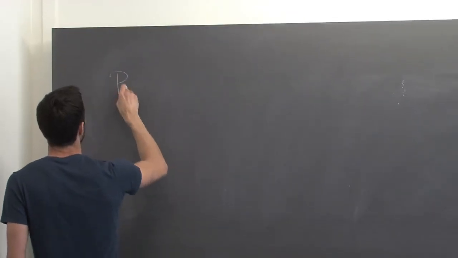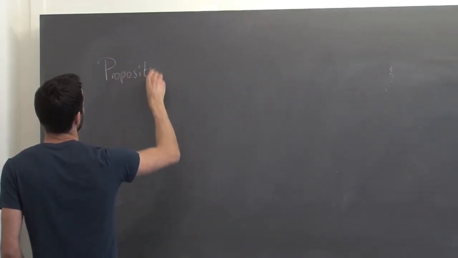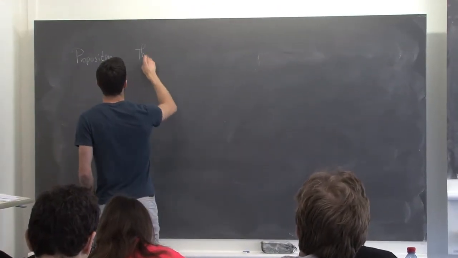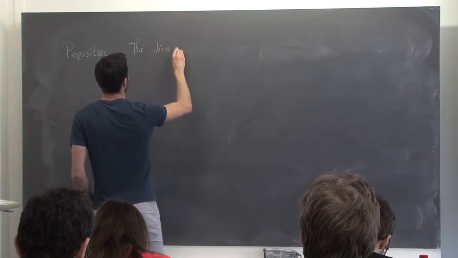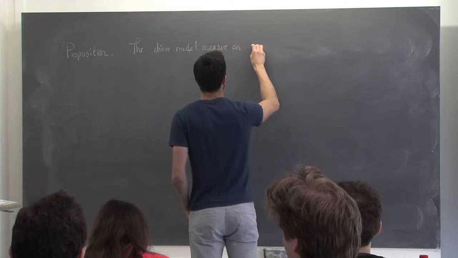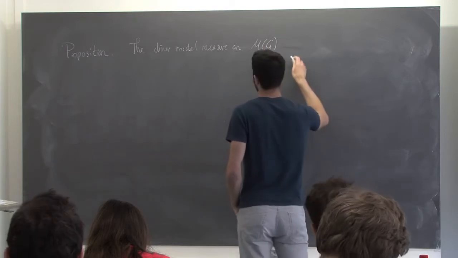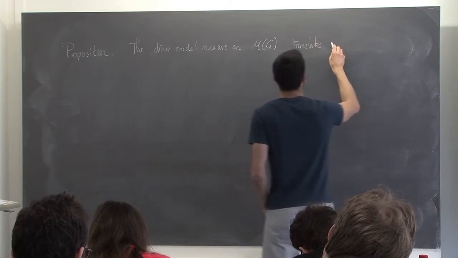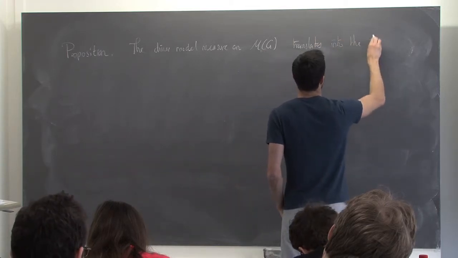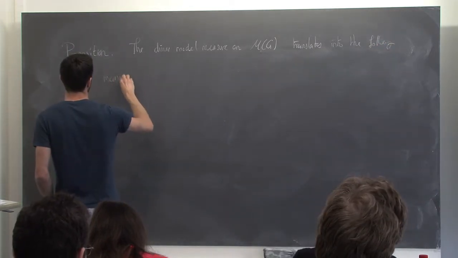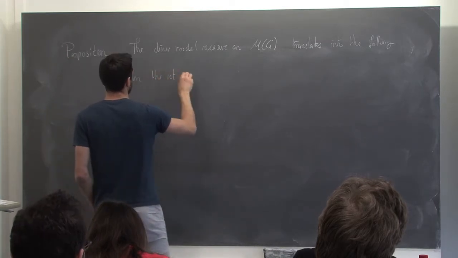Okay, so now I'm going to give you the only proposition of this little section. The dimer model measure on a set of perfect matchings translates into the following measure on the set of height functions.